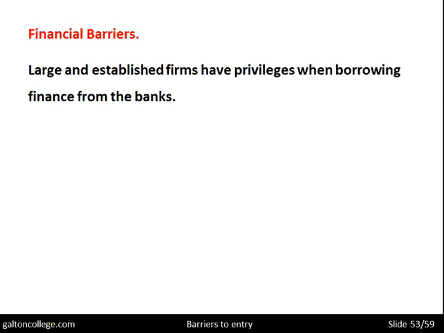There are financial barriers as well. Large and established firms have privileges when borrowing finance from the banks. I mentioned this earlier. Well, large companies have a good reputation. They're growing businesses. They have reputation in the market. They perhaps have engaged in research and development.